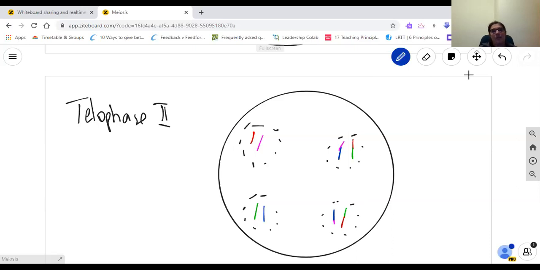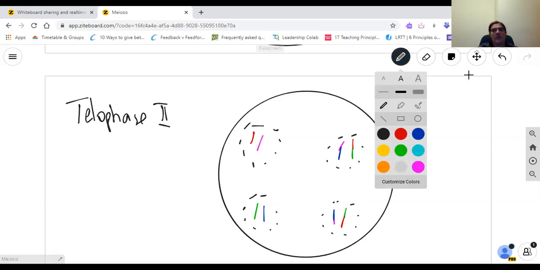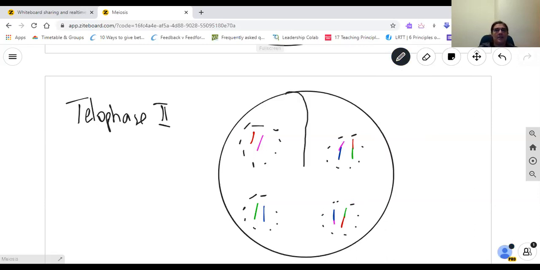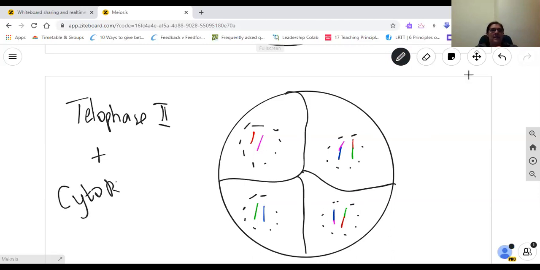So we've now got haploid chromosomes, and the last stage, which will be cytokinesis, will literally mean that the cells will now separate, become 4 individual cells, either held together in the case of a plant cell or completely apart from each other in the case of an animal cell. But each one, as you can see, is genetically different to the next one and has half the number of chromosomes of the original parent.